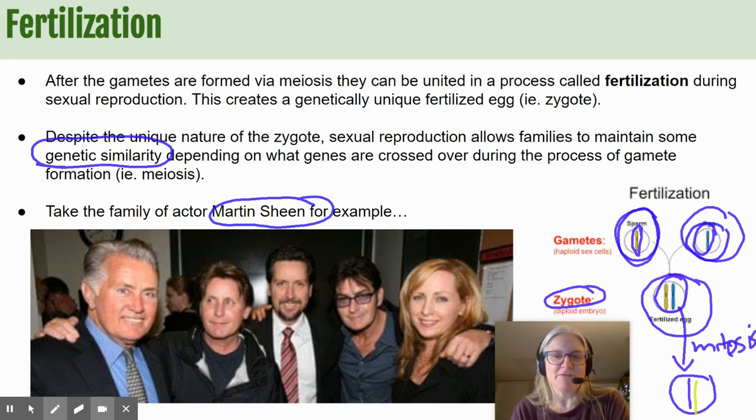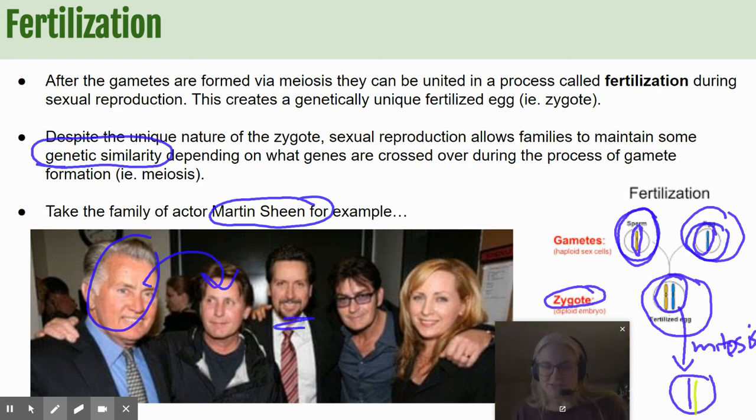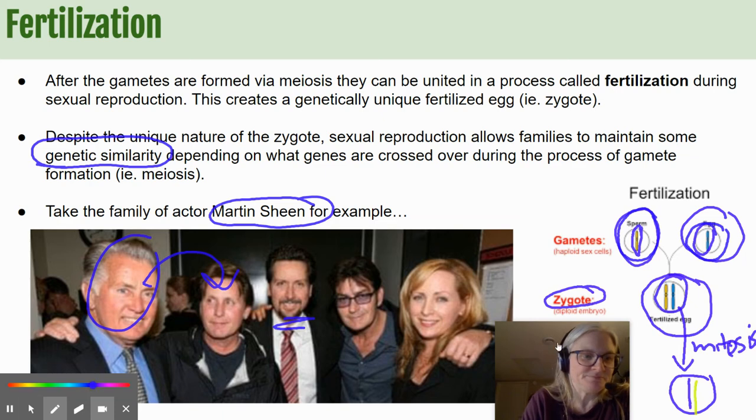Martin and Charlie, I can't even tell them apart anymore because I knew them when they were younger and they looked exactly like him. Anyway, you just get the idea here that you definitely are maintaining some genetic similarity, but you're also creating differences, right? So some of these brothers look quite different than some of the other brothers.